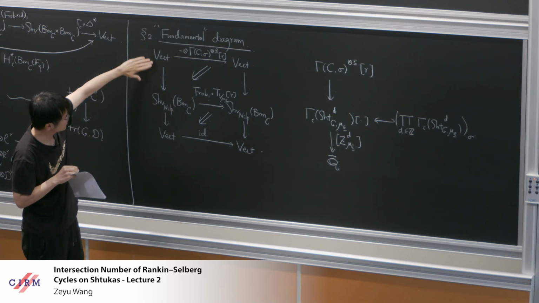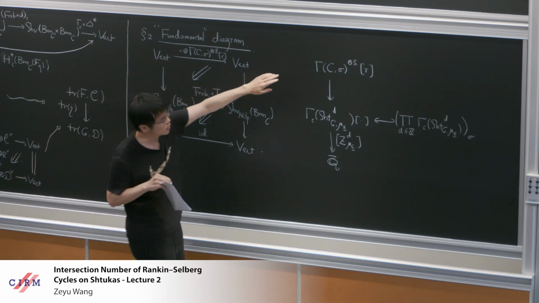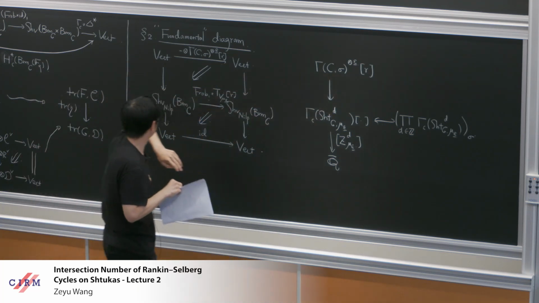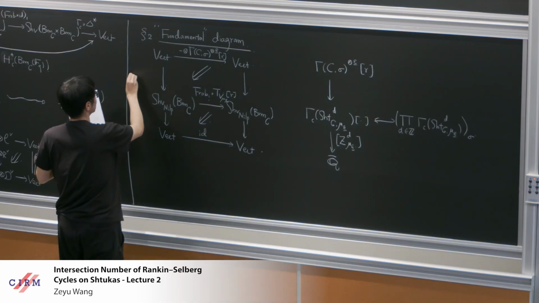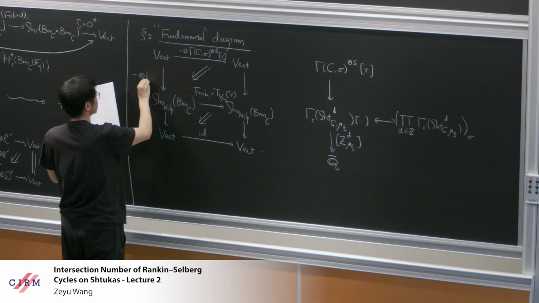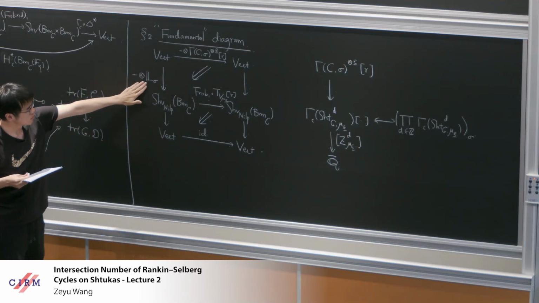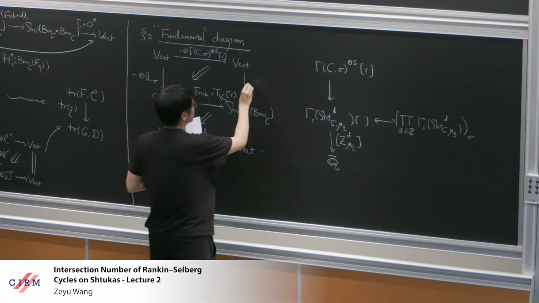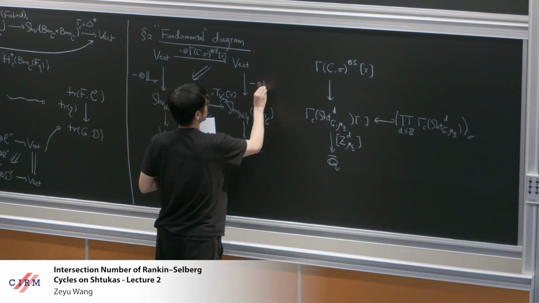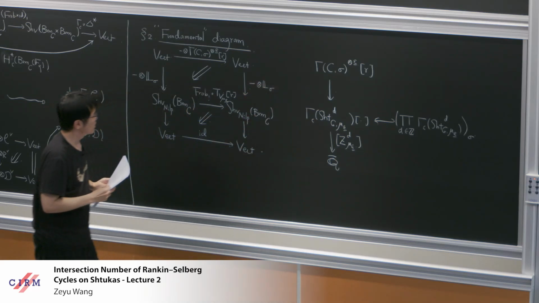Here you want some functors which produce this sigma isotypic thing. There will be a very natural choice, which is given by just tensoring with the high eigensheaf. Okay, so these are the functors.